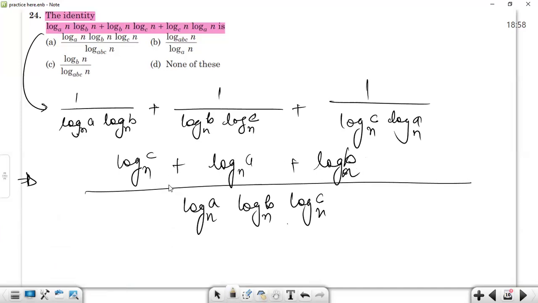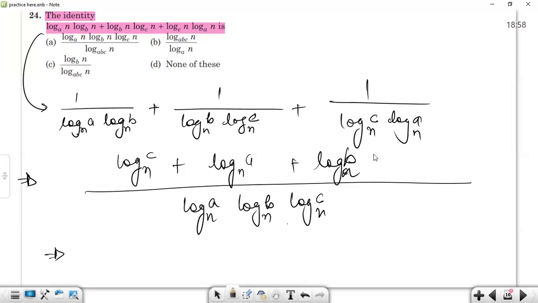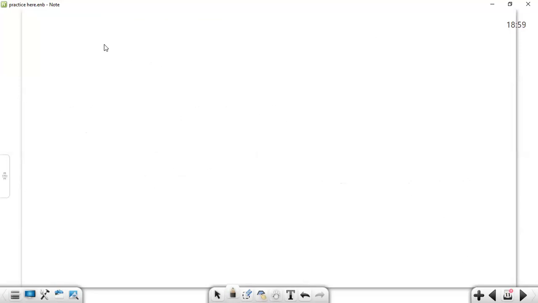They are in addition, the base is same. And children often get confused with this property, that we can also write this as logarithm of n c plus logarithm of a to the base. No, it's different. The property was not this. Let me clarify.